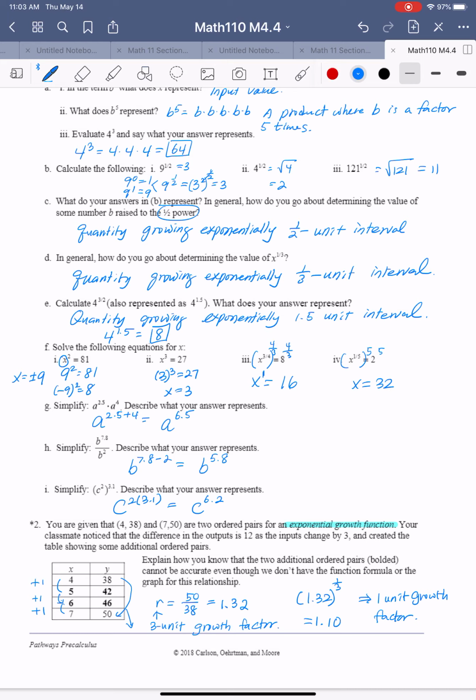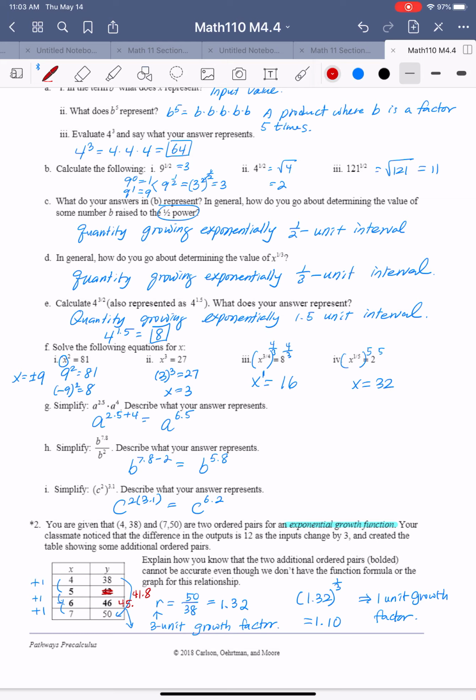So in order to get the next number, instead of 42, what I need is to multiply 38 by 1.1, which should be 41.8. And then 41.8 multiplied by 1.1 gives 45.98.